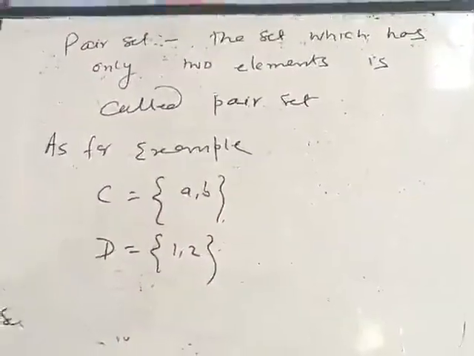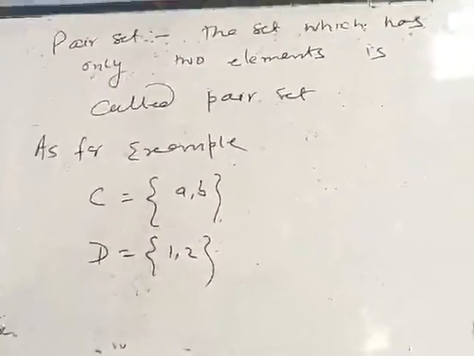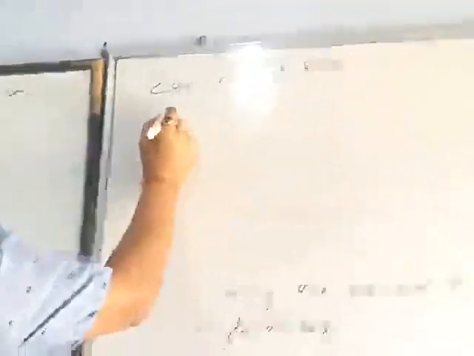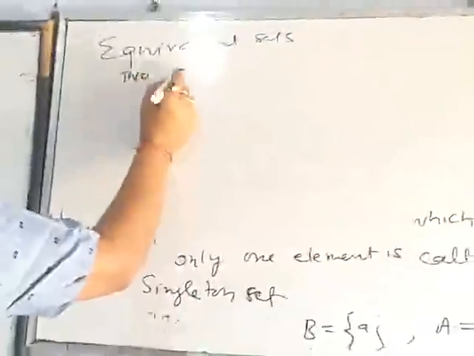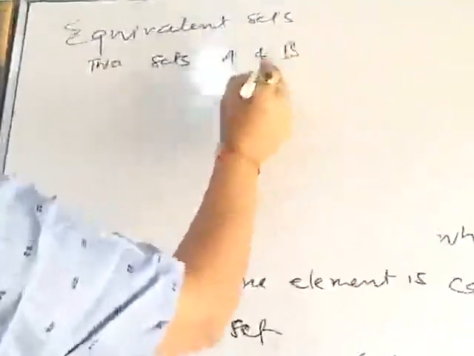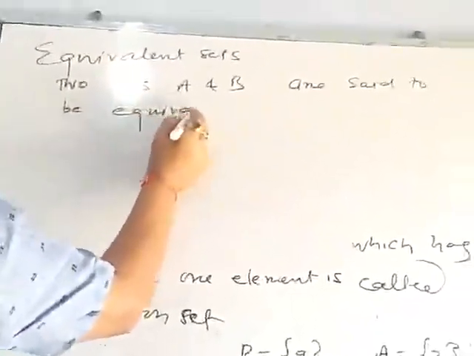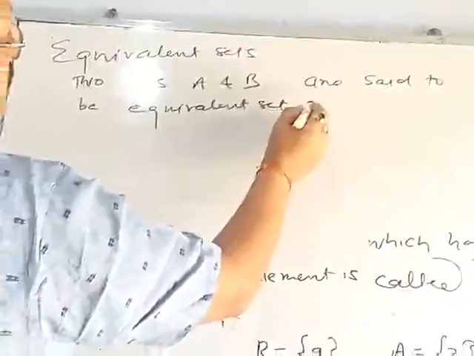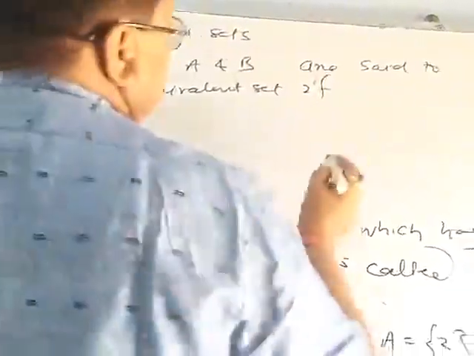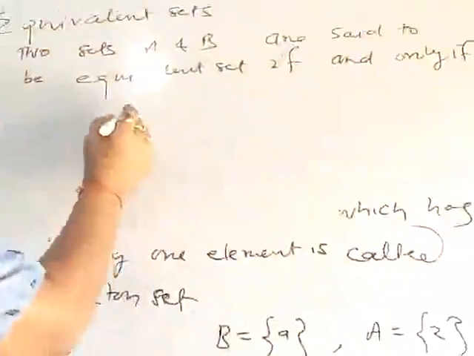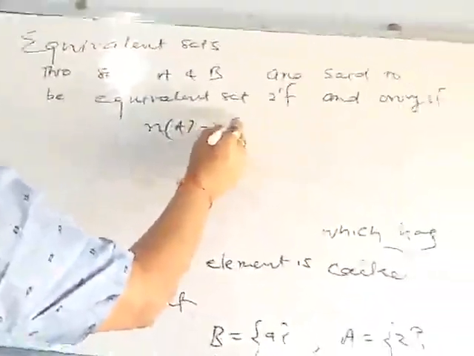Now we come to equivalent sets. Two sets A and B are said to be equivalent sets if and only if n(A) is equal to n(B).